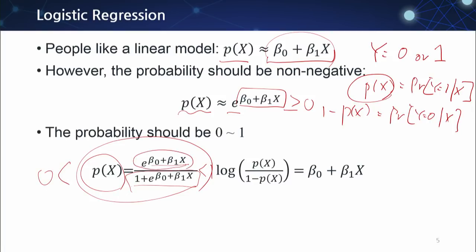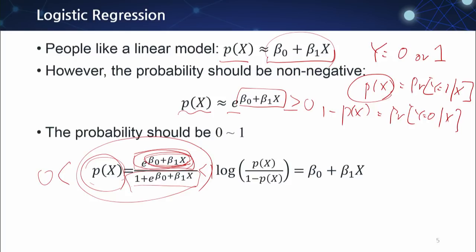If this exponent is very large, then p of x becomes close to 1. If it is very negatively large, then the term e to the beta 0 plus beta 1 x is close to 0, and then p of x itself is also close to 0. Then p of x is between 0 and 1.